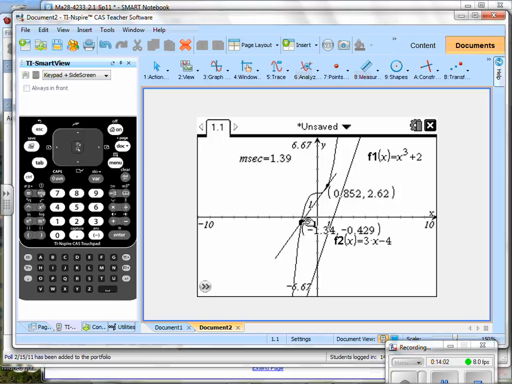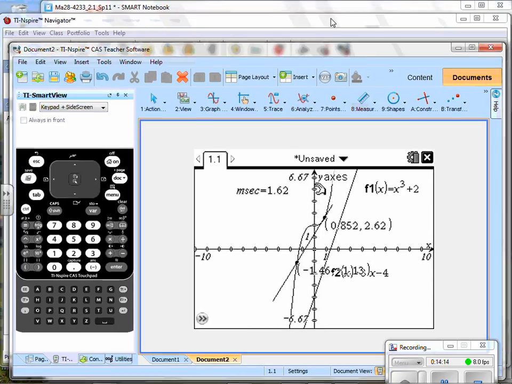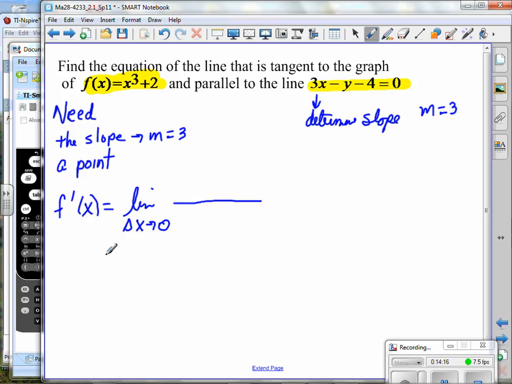As I go from here to here, what's happening to the subtraction between the input values? It becomes almost 0. Isn't that what this is saying? It becomes almost 0. That's the idea behind all of this.